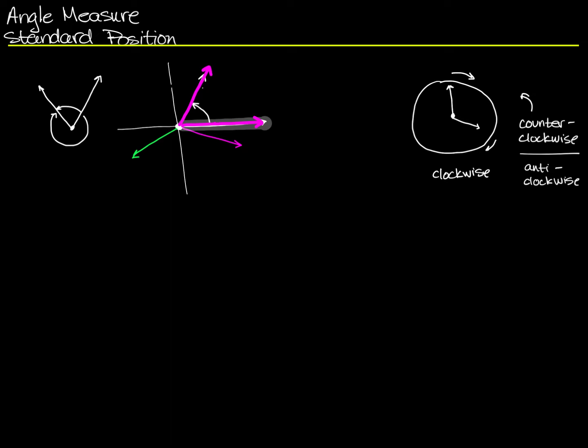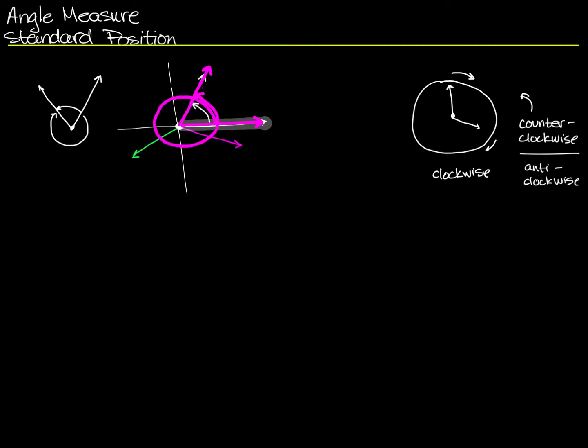But watch what happens when I show you how far it's traveled. It's actually gone all the way around and then gone a little farther. So if the smaller white angle is 60 degrees, this larger angle is 60 degrees plus 360, or as I like to think of it, 360 plus another 60.